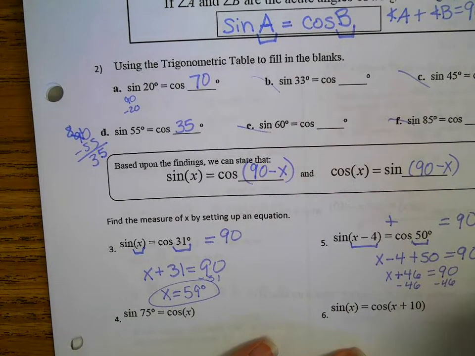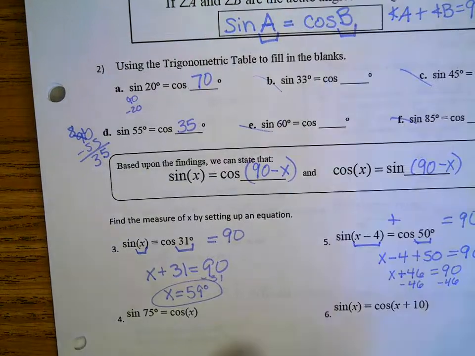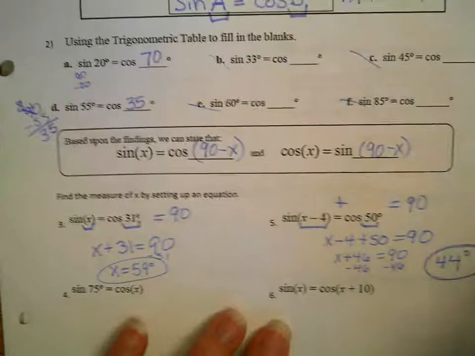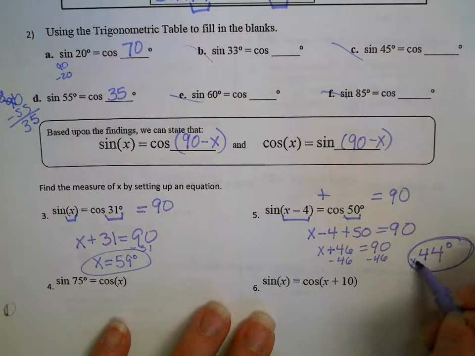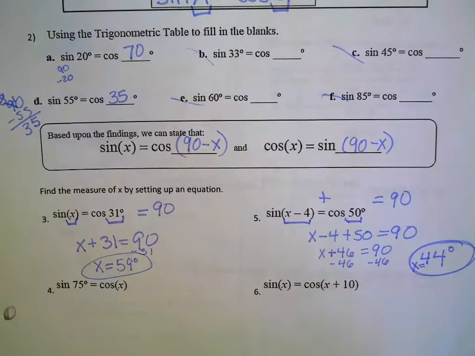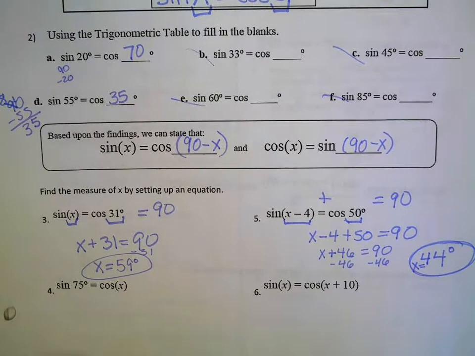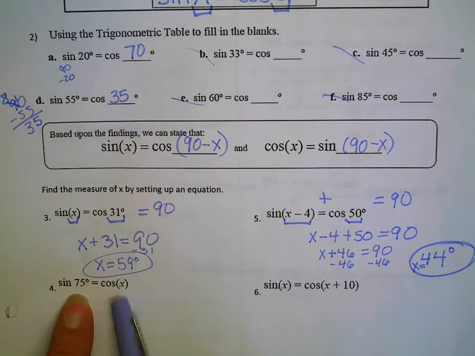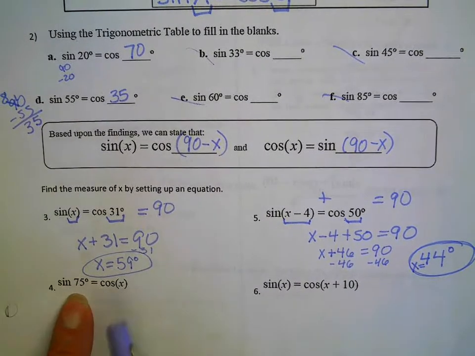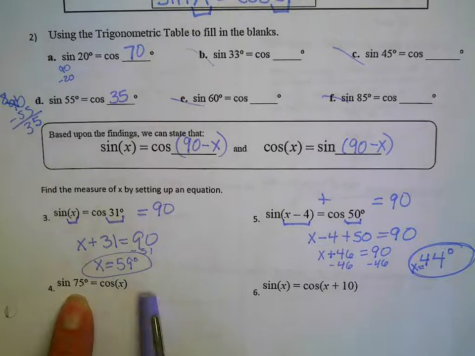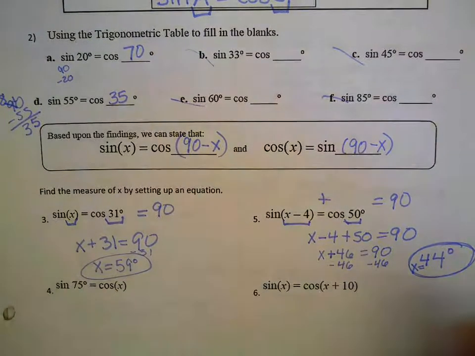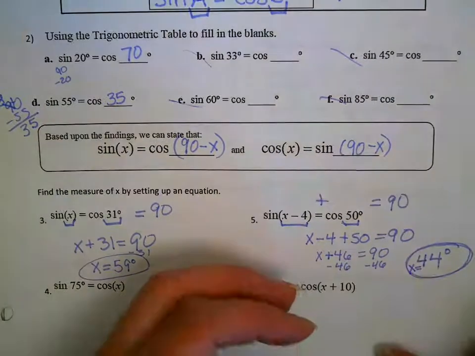You get 44 degrees is x. Ooh, if I can have that on the screen. So again, sine of one angle equals cosine of its complementary measure. That's what I'm going to say about note 7.06.